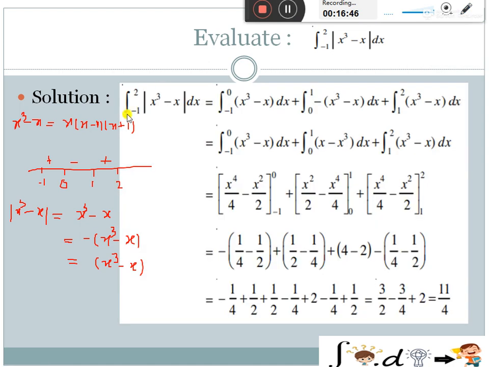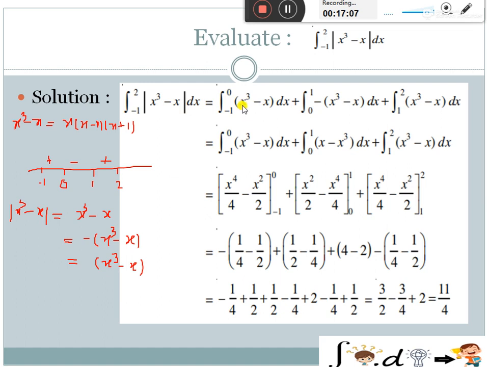And therefore we can write the integral from minus 1 to 2 of modulus of x cube minus x dx as the integral from minus 1 to 0, then 0 to 1, and 1 to 2. That is according to the breaking points.